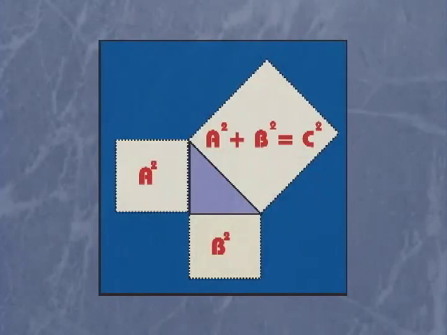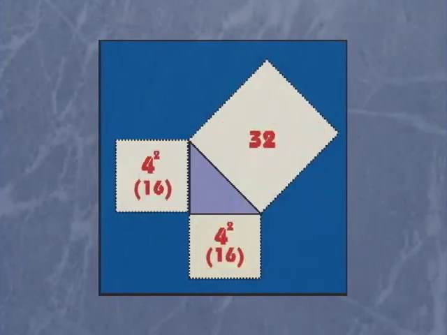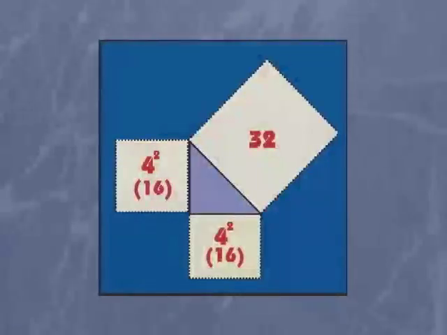Let's make a few substitutions here. It's 4 squared plus 4 squared equals C squared. 4 squared equals 16, plus 4 squared, 16, equals 32. We now have 32 equaling C squared, which is the hypotenuse.